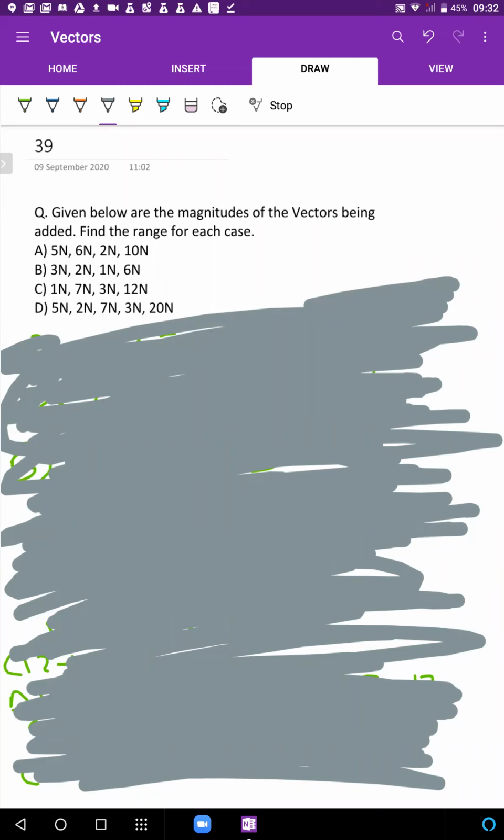भव्या सही है, पार्थ सही है. Kenath, तुम्हारा answer, your answer is: A is correct, B is correct, C is correct, and D is also correct.